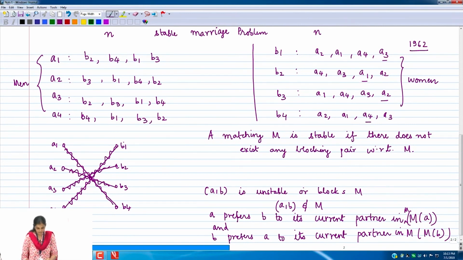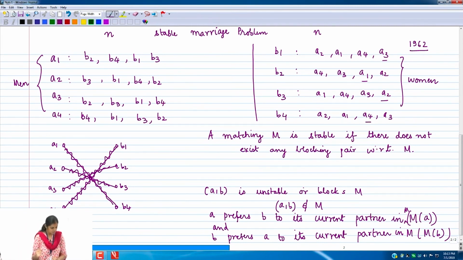It's not difficult to verify, because you just have to verify A1, B2 and A4, B4, right? These are the only two possibilities for being a blocking pair, and both of them are not blocking pairs. Therefore, this indeed is a stable matching, right? So at least this instance that we have written down, this preference system, does have a stable matching.